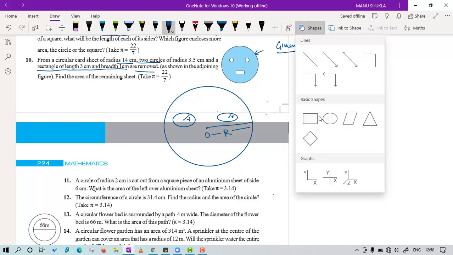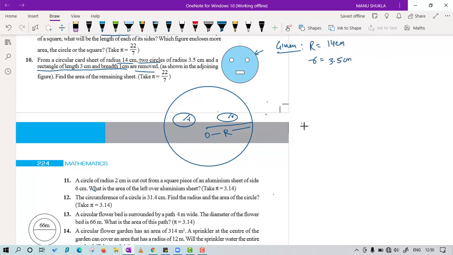So there is a rectangle also. Let me draw the mouth like this. They are saying that the length is L equal to 3 centimeter and the breadth B is equal to 1 centimeter. All the dimensions are in centimeter, so we don't have to change anything.